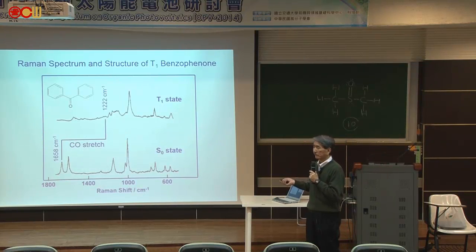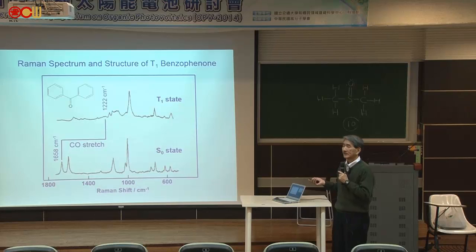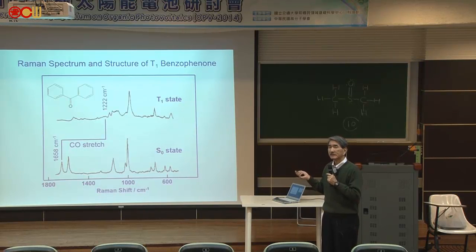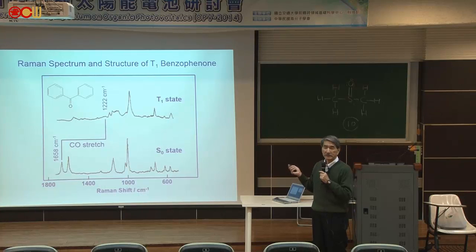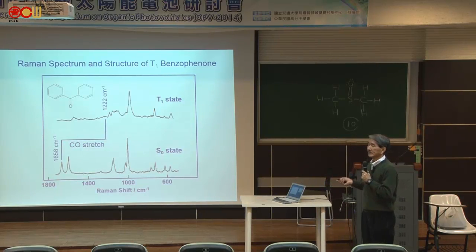It's very reasonable because you have the unpaired electron to react. Actually abstract hydrogen from other molecule. So now we finally understand why the reaction takes place in the triplet state. In the triplet state, the benzophenone molecule is ready for reaction by making this bond a single bond and biradical. So by this way, looking at the excited state by time-resolved Raman spectroscopy, we can elucidate how the reaction proceeds. This is one example.